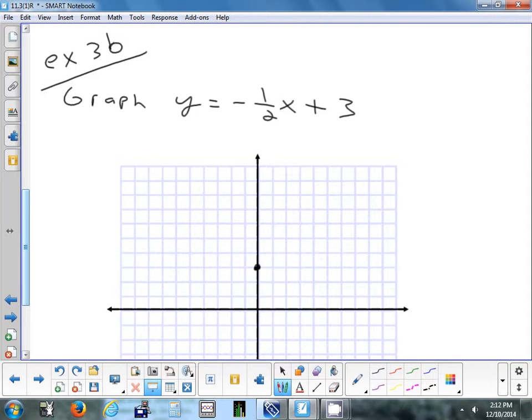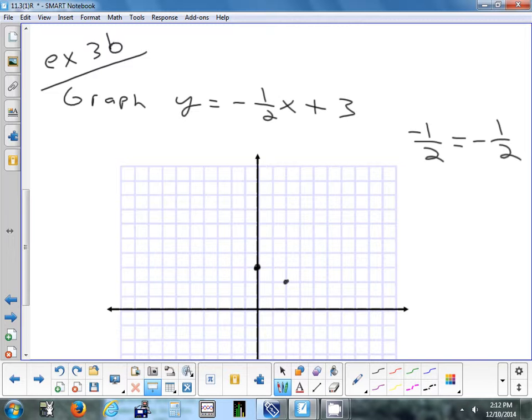Nope, it's just negative 1/2. So from that y-intercept, where do we go? Down 1 and right 2.